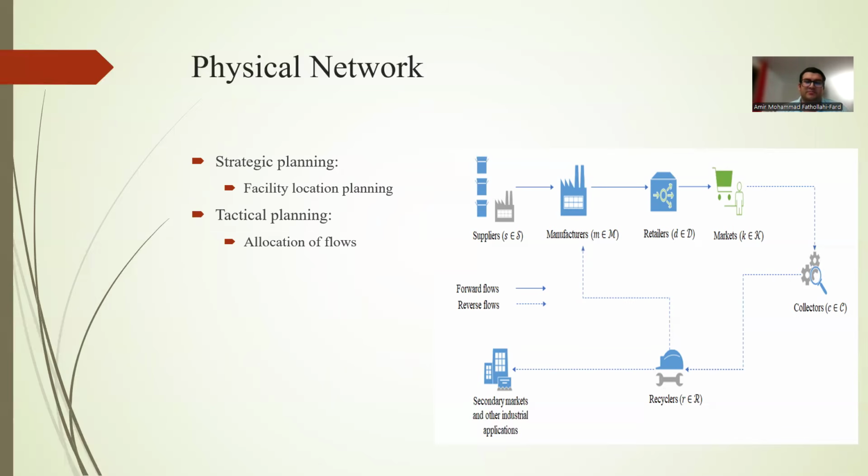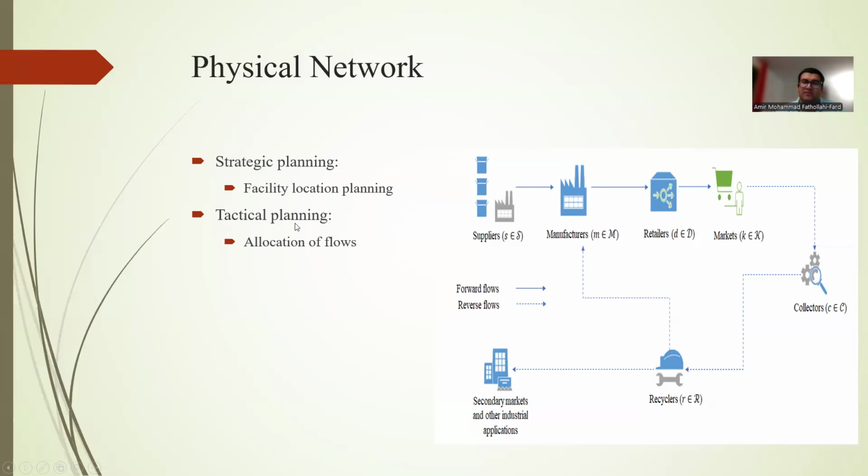In the proposed problem, we address two different types of decision making. In strategic planning, we address facility location planning, to select which facility at which echelon will be open. Therefore, we determine facility locations for manufacturing centers, retailers, collection centers, and recycling centers.